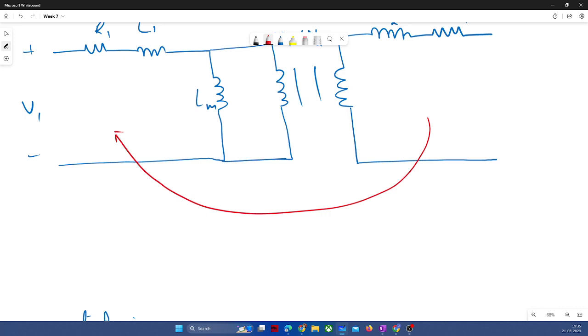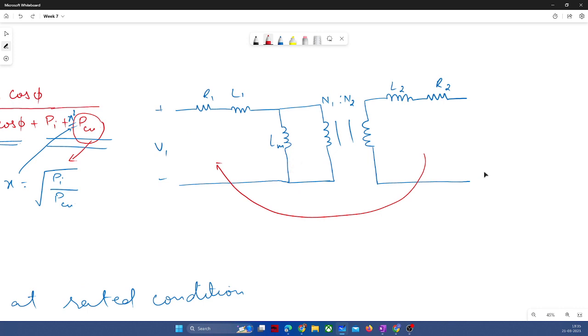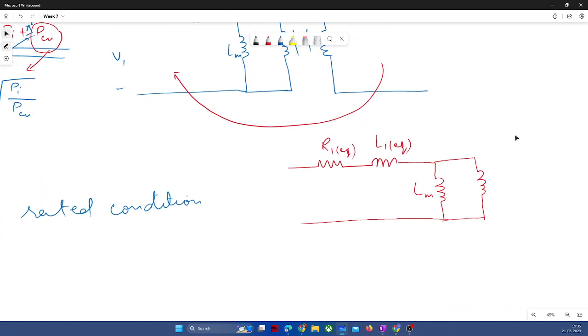First let me draw an equivalent. It will be R1 equivalent, L1 equivalent, and Lm. The secondary side will just be there for the representation, since we have referred everything to N1.